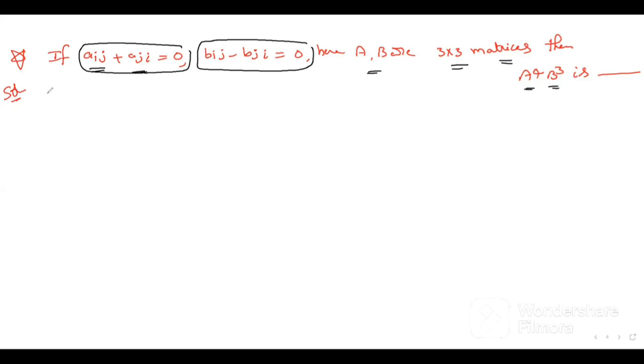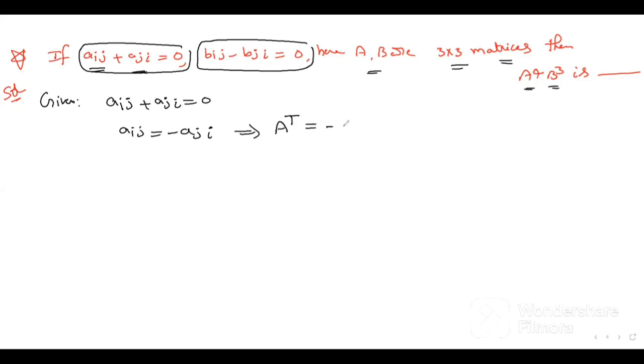Here from the statement, what is given? Aij plus Aji is equal to 0, so Aij is equal to minus Aji. This is the definition of skew symmetric matrix.